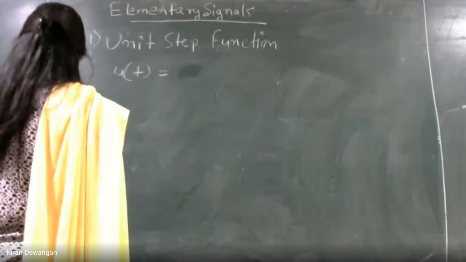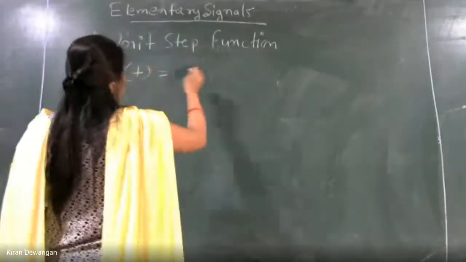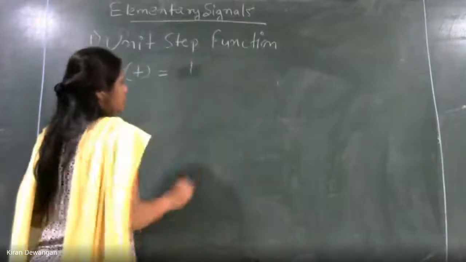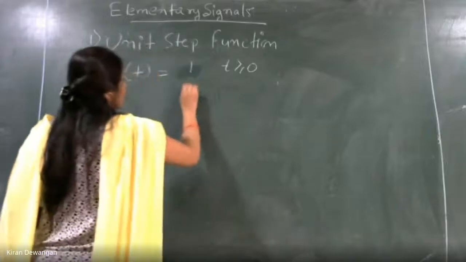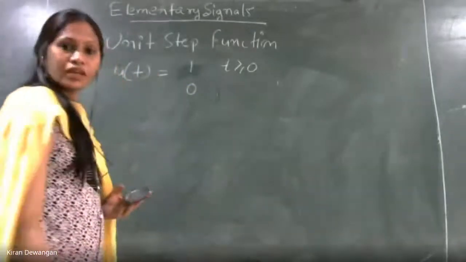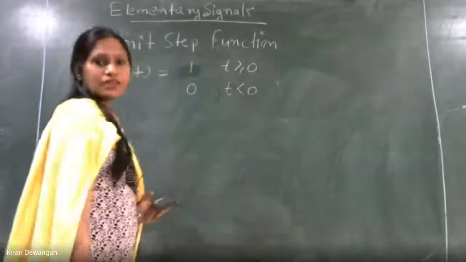The unit step function is represented by u(t), and we define it as 1 for all the values of t greater than or equal to 0, and it is 0 for t less than 0.